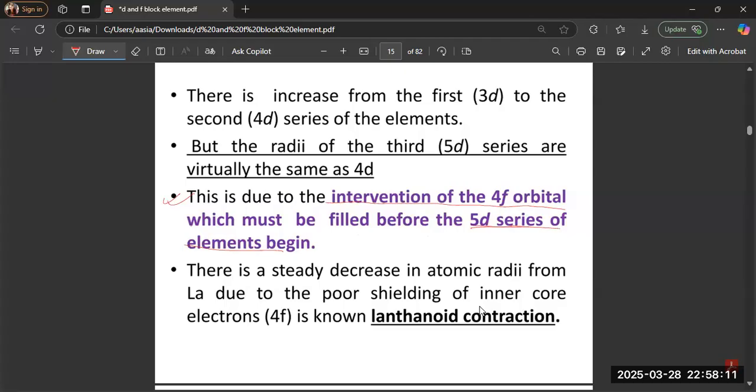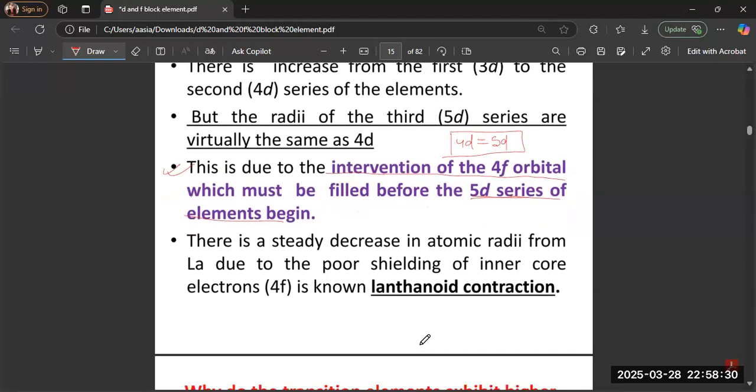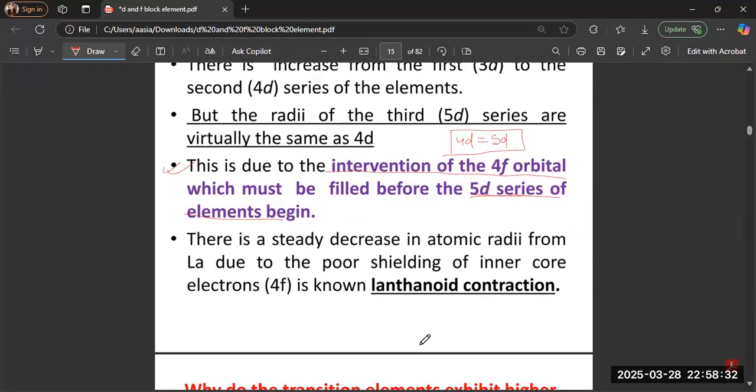So it's due to this that the 4d and 5d series have virtually similar atomic radii. And there is a steady decrease in atomic radii from lanthanum due to the poor shielding of inner core electrons, which is known as lanthanoid contraction.